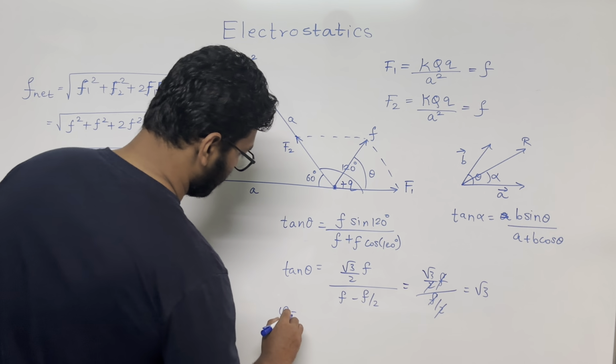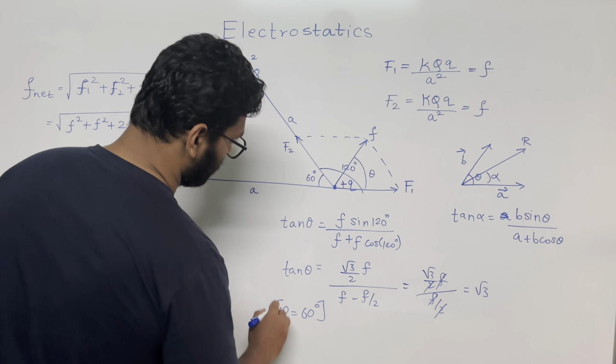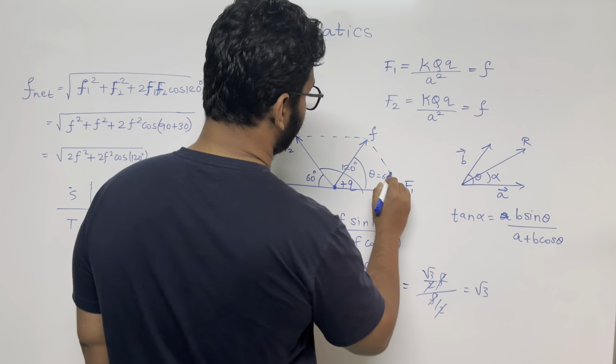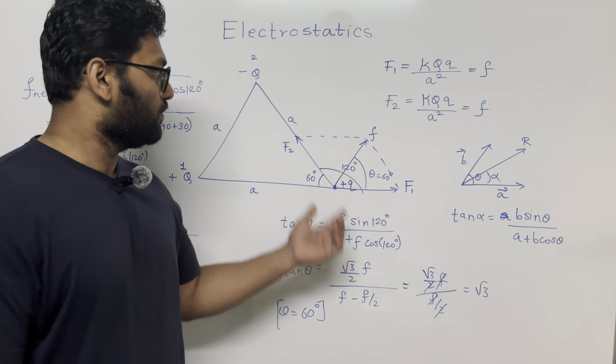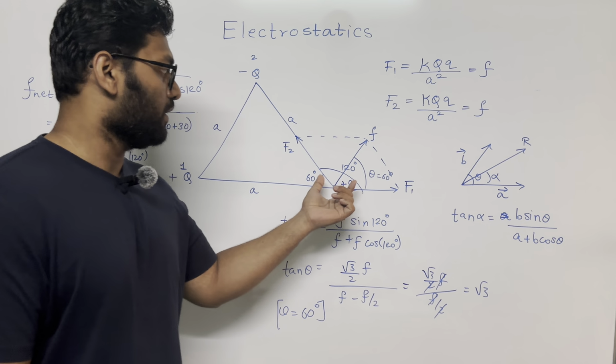So from that you can say theta is 60 degrees. Obviously it should have been the case because both of these vectors are equal in magnitude, so the resultant will be halfway.